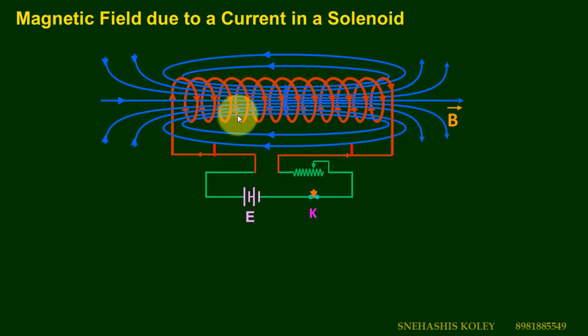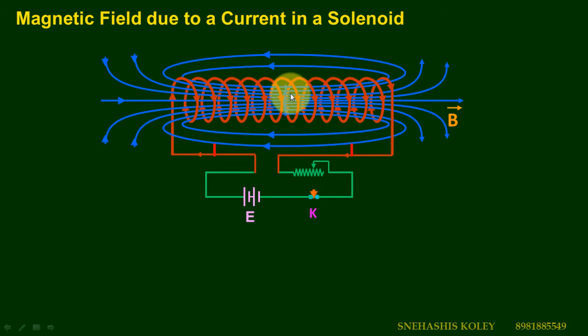And second observation is that the magnetic field lines become denser on increasing the current of the solenoid. That means with the increase in the current, the magnetic field lines will be denser inside the solenoid. In the third observation, we have seen that magnetic field is increased if we increase the number of turns in the solenoid.